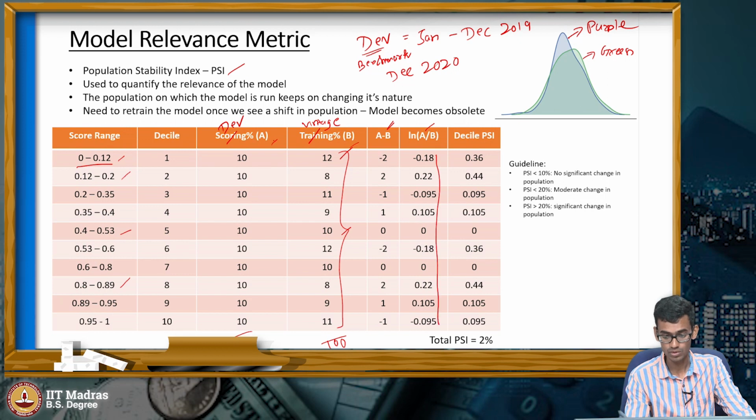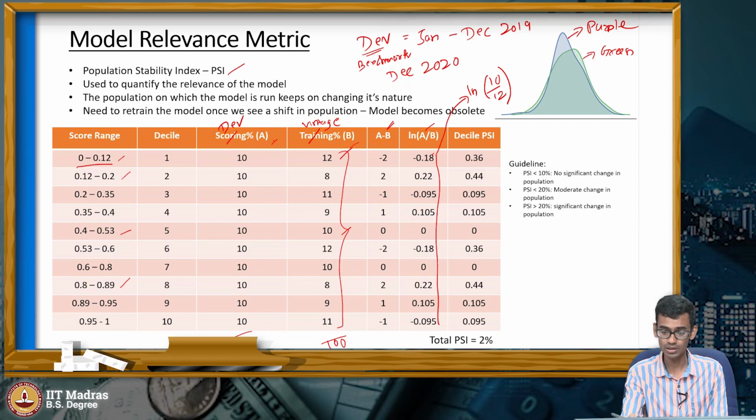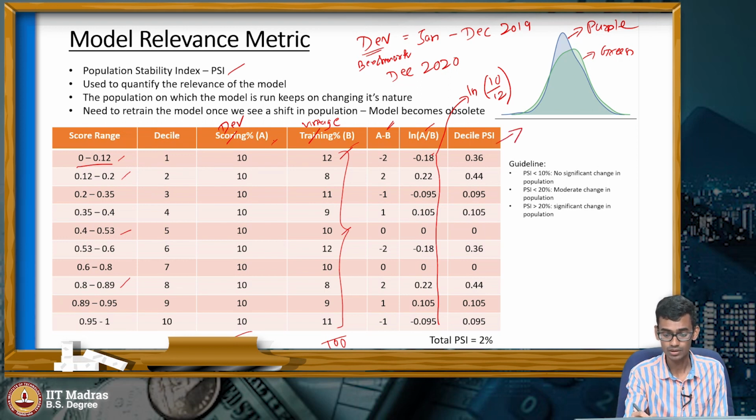So for this example it will be ln of 10 by 12. Likewise you will be doing it here, and then the decile PSI is nothing but the product of these two.